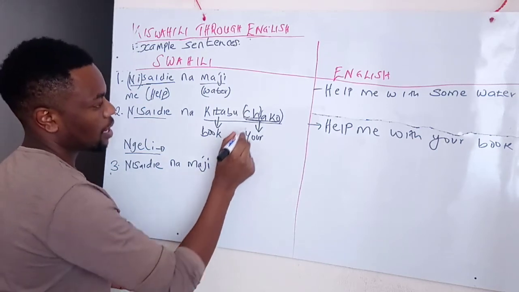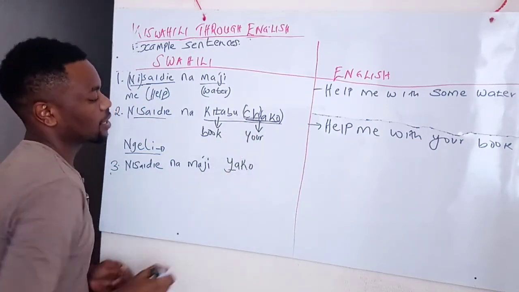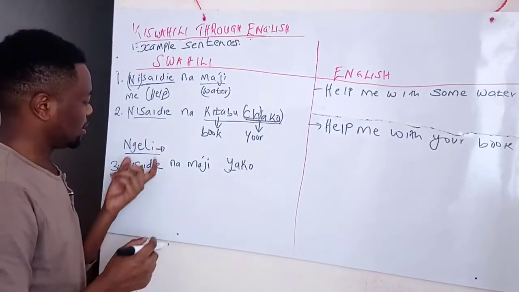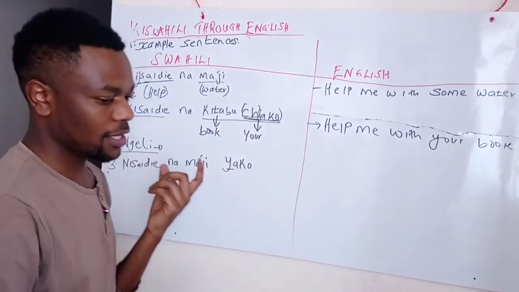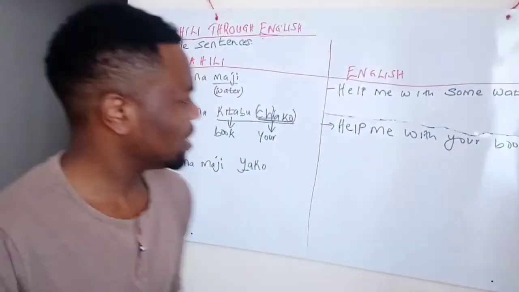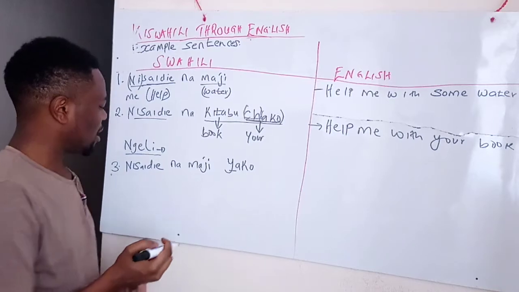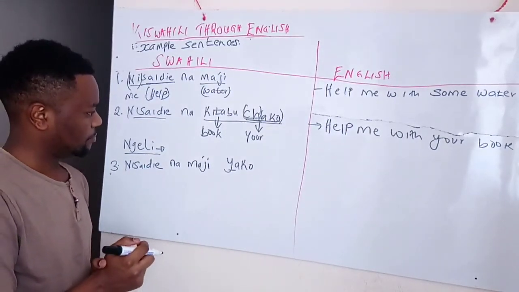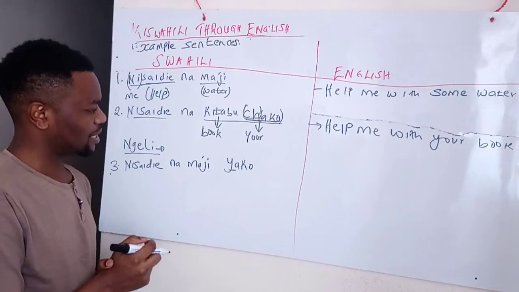So this is what I'm talking about. Sometimes this prefix here can change depending on what we call ngeli. I won't say it's like articles, article a and article the and article an, but they have some relationship.